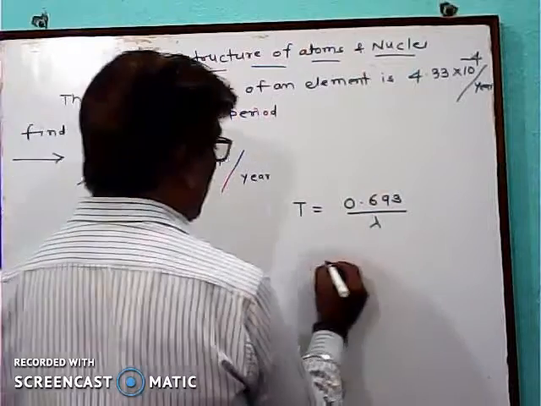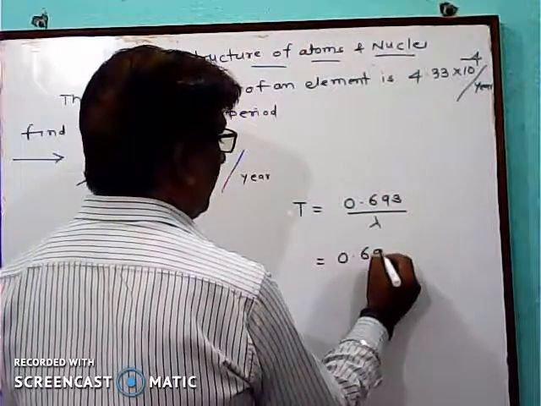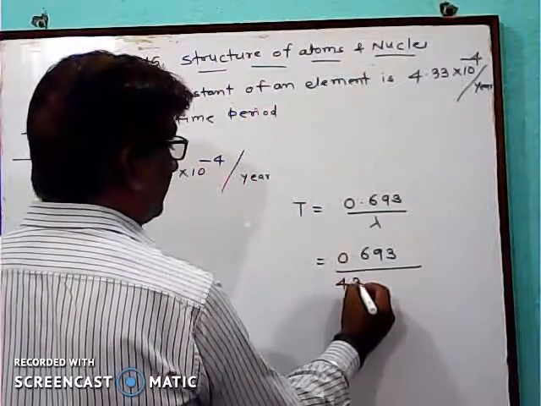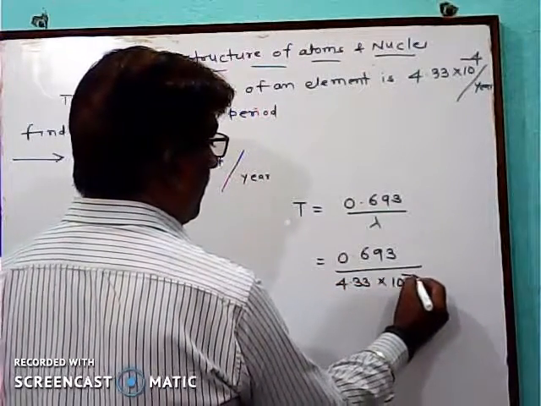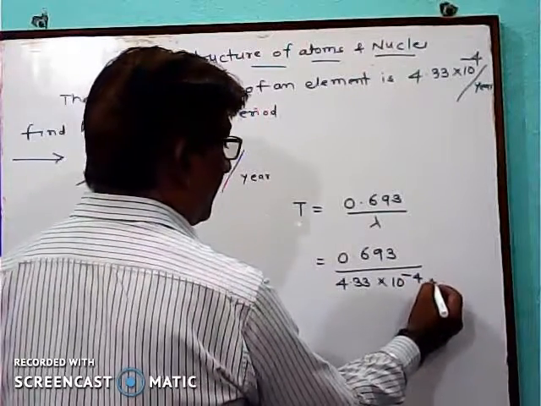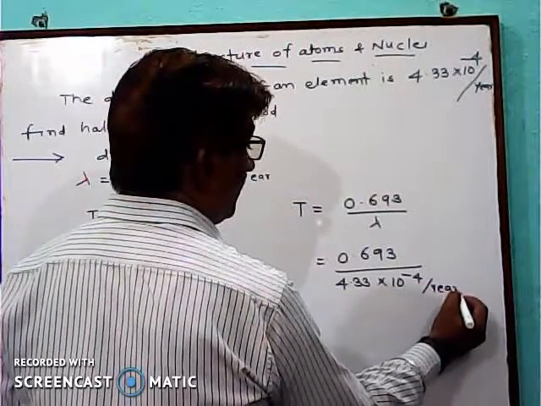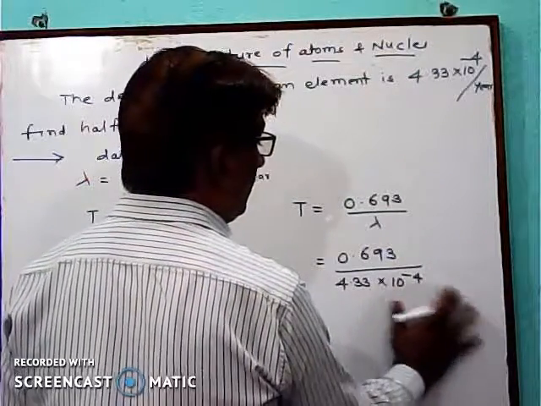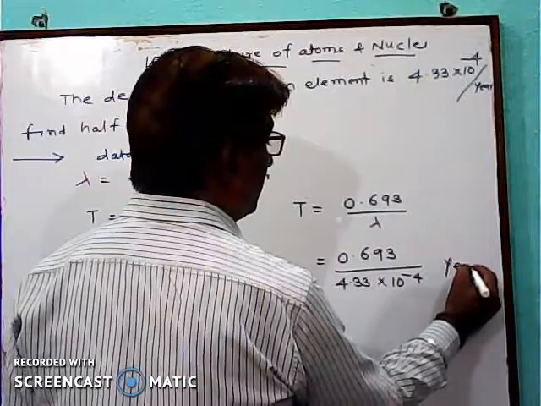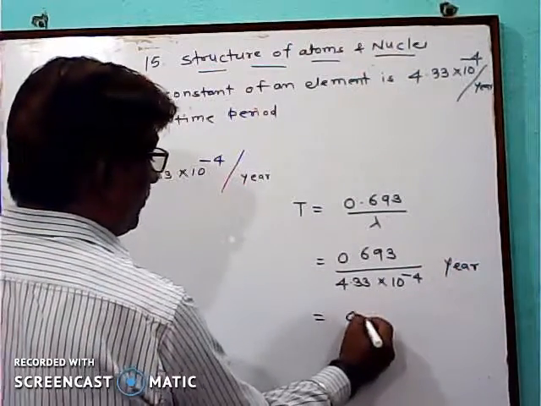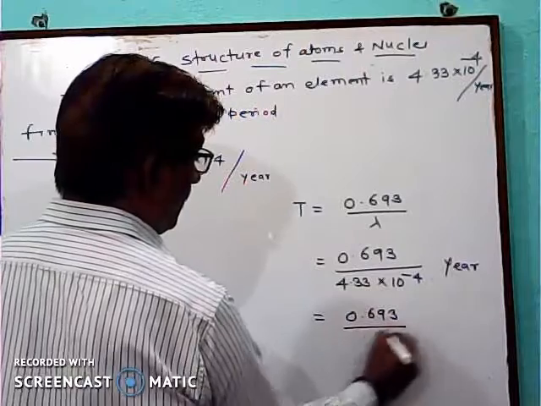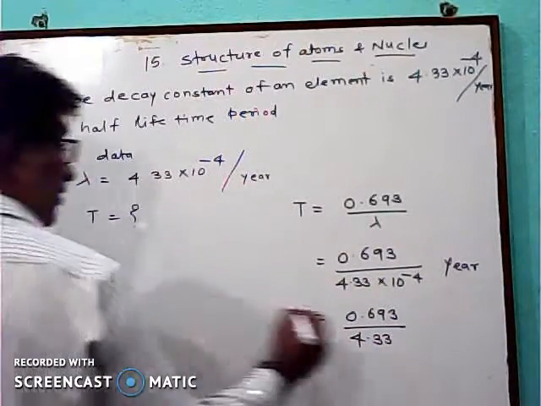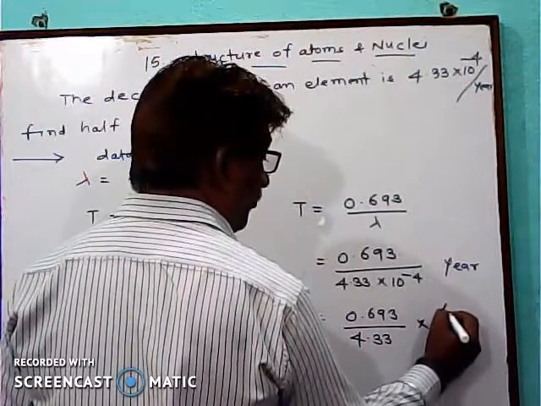If we substitute the value of lambda, it is 0.693 upon 4.33 into 10 to the power minus 4 per year. Since the year is in the denominator, the answer will be in years, so 0.693 upon 4.33 into 10 to the power 4 year.